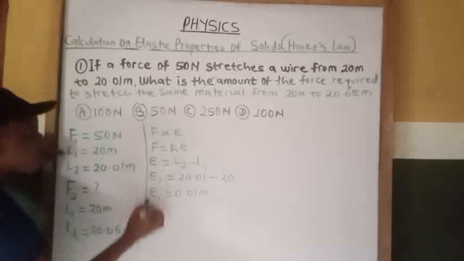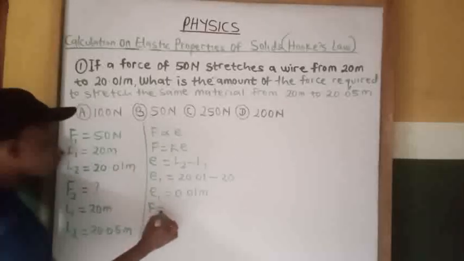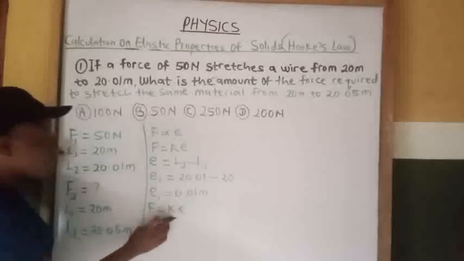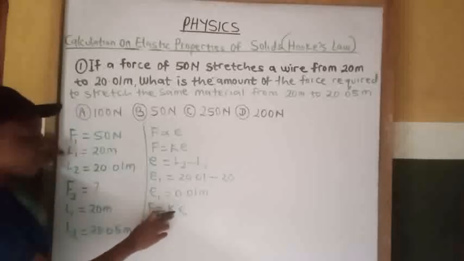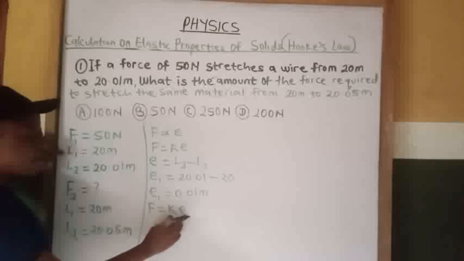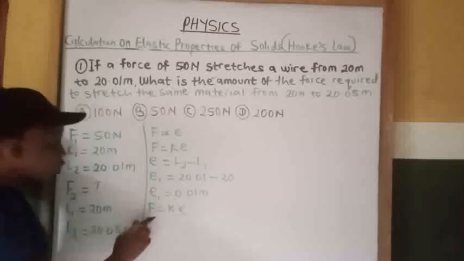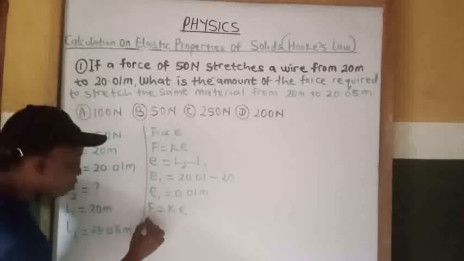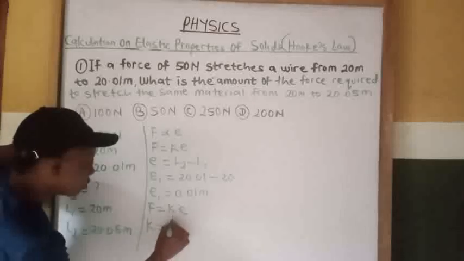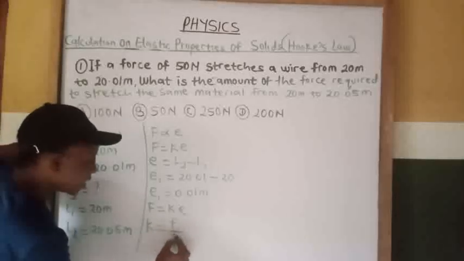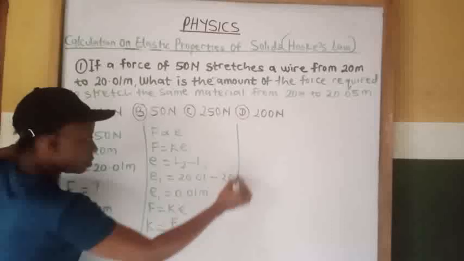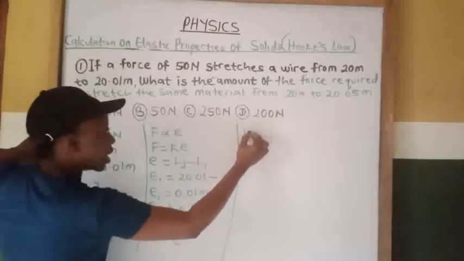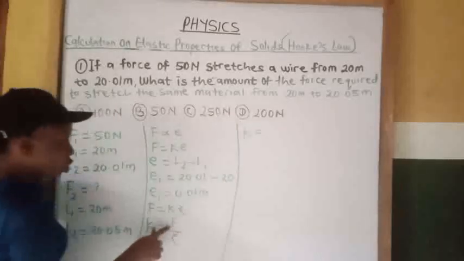So we can now apply F equal to KE for our F1. We can make K the subject of the formula, since we have our F and we have gotten the value of E. So K will be equal to force divided by extension. So our K will now be equal to, what is force?